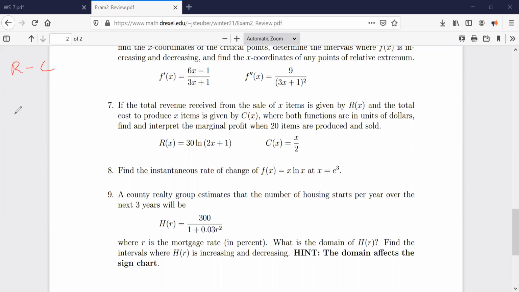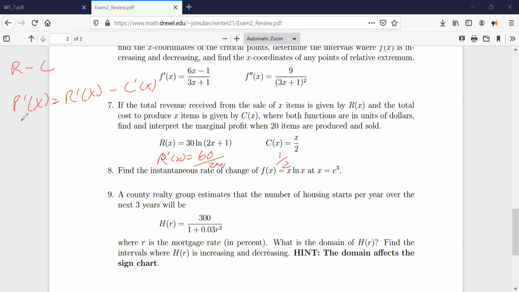So basically, it's asking us to find the derivative of this. So p prime of x is equal to r prime of x minus c prime of x. r prime of x is equal to 60 divided by 2x plus 1, and c prime of x is equal to 1/2.